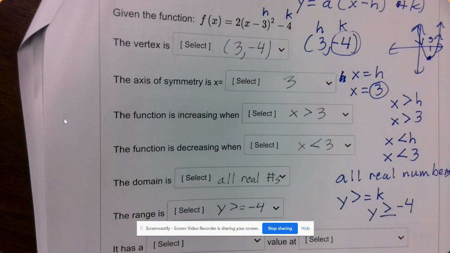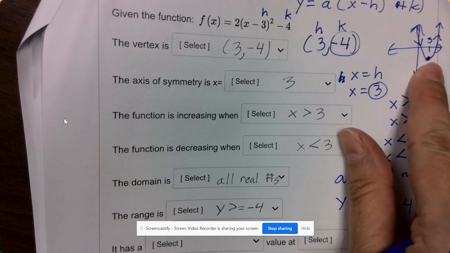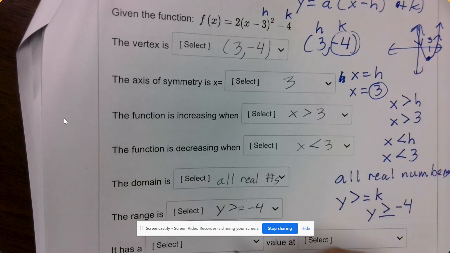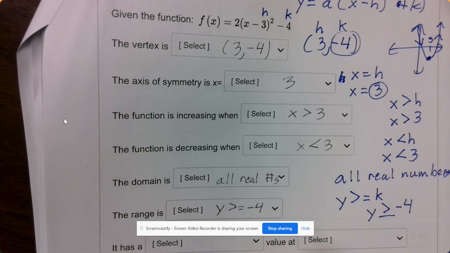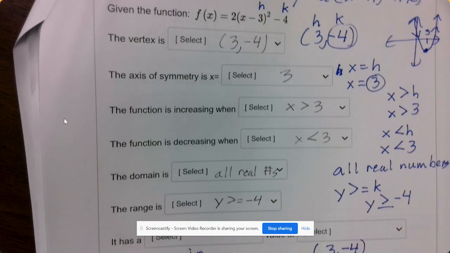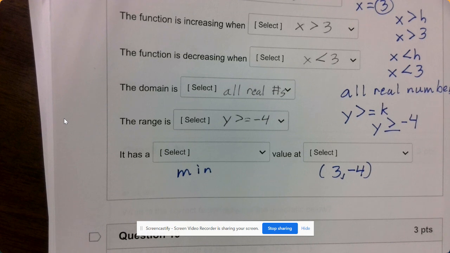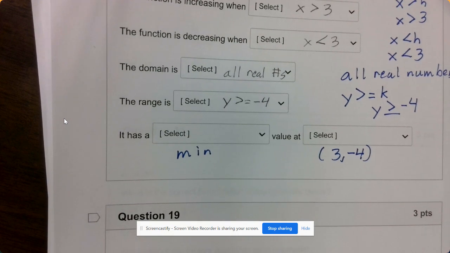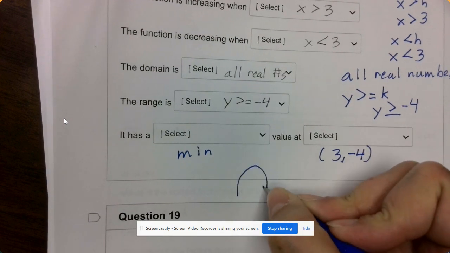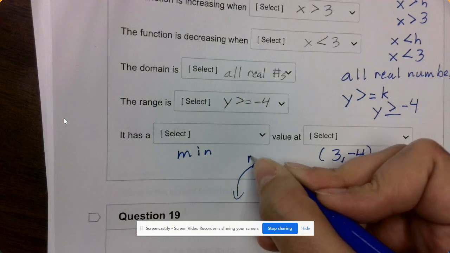It has a minimum value at (3, -4). Okay, so everybody, that's the minimum. If it was going the other way, everybody, then the vertex would be the maximum.